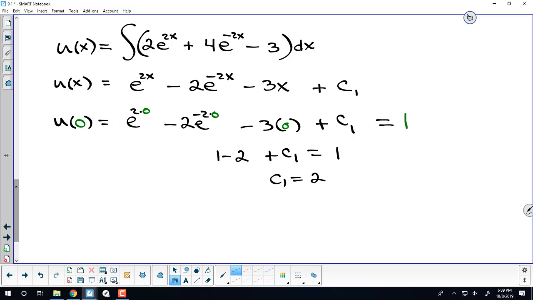Okay, so now we have u of x, which is what we're after. We're after solutions to differential equations, which are the functions themselves. So the u of x is our solution that we're after.